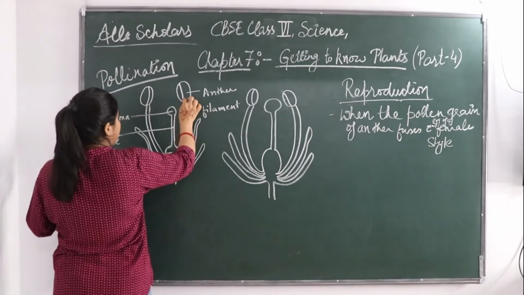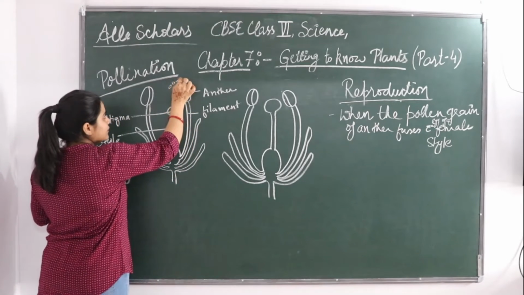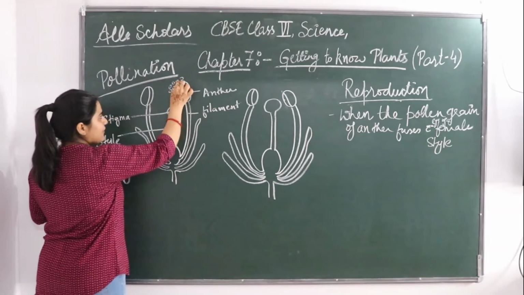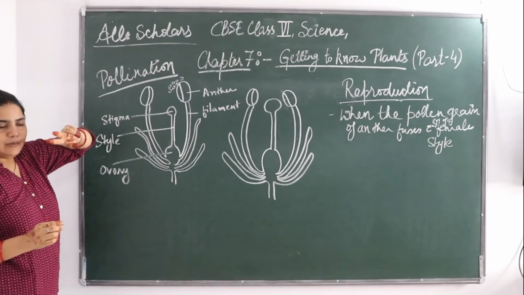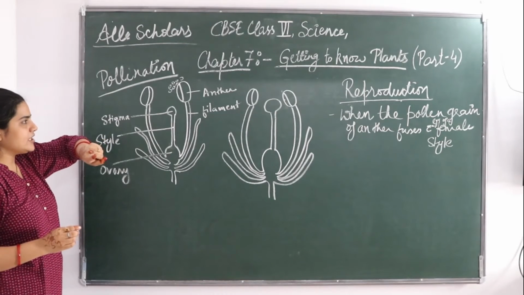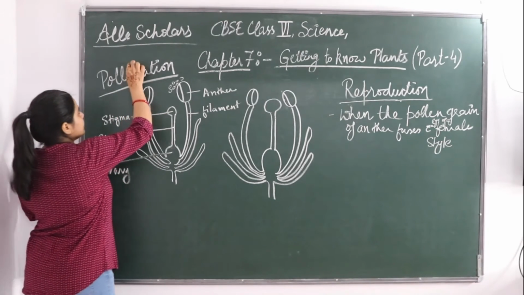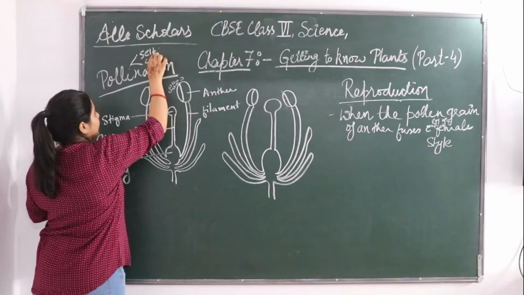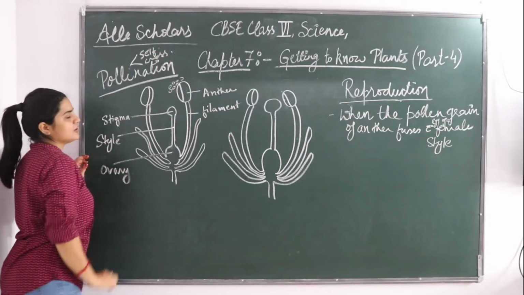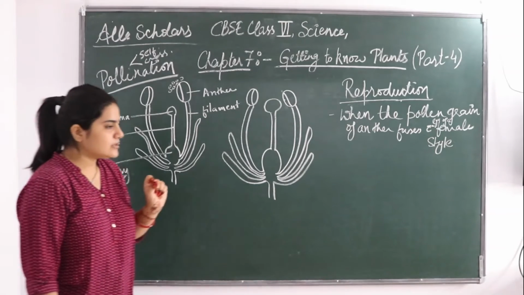If you see these anthers, they have got small pollen grains, as I have already told you. So pollination can be of two types: self-pollination and cross-pollination. First I will be telling you about self-pollination.